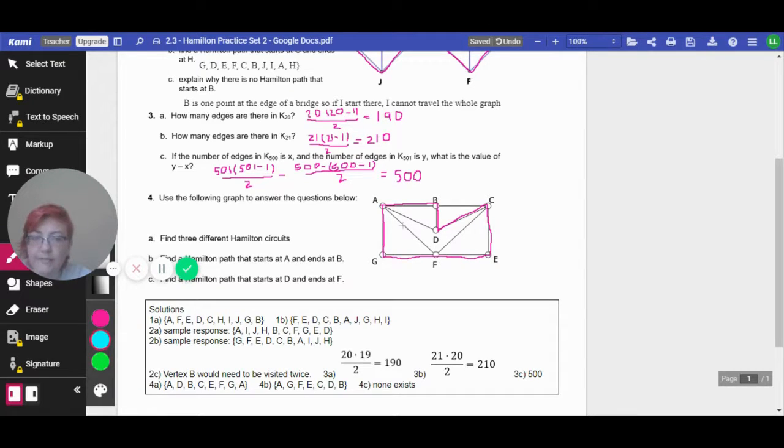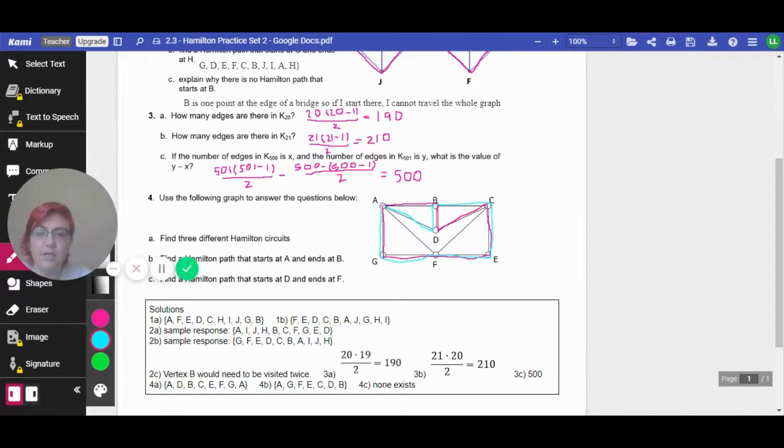I cannot go A to F. I could go A to D, and then B, and then C, E, F, G, A. And I suppose that the other one, the different one, would need to be one of the mirror circuits, because there is no other Hamilton circuit that I can do.